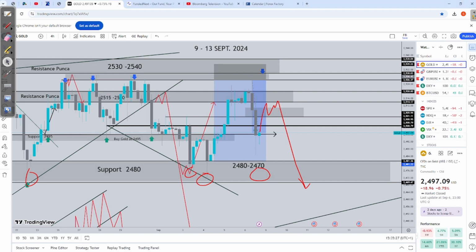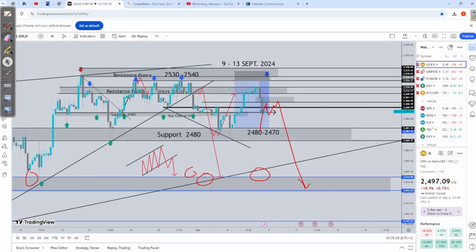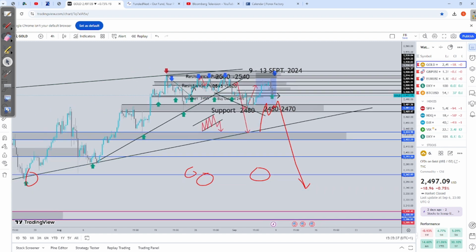And if it breaks below 2470, it means that we are going to target either this particular line, this uptrend line, the target here. That's what we are going to target. So just take note of what is happening.